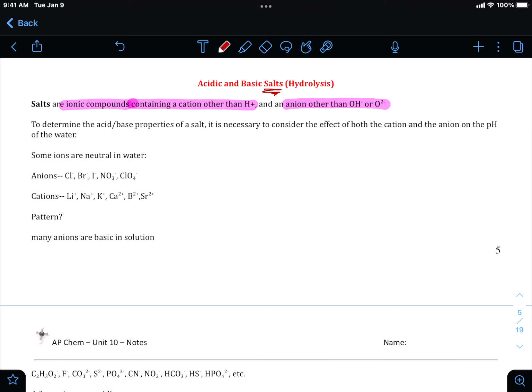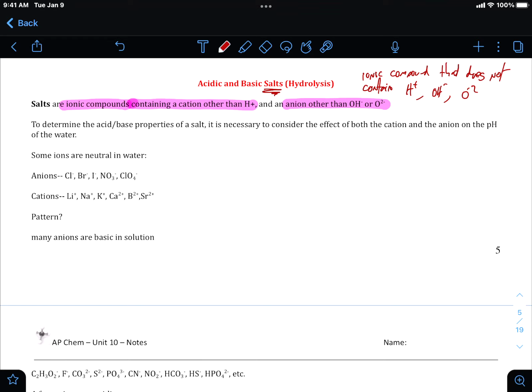Or maybe another way to state this is it's an ionic compound that does not contain H plus, OH minus, or O2 minus. That's how we define it sophomore year, and maybe that's an easier way to think of it. It's an ionic compound that's not an acid or base, in short.